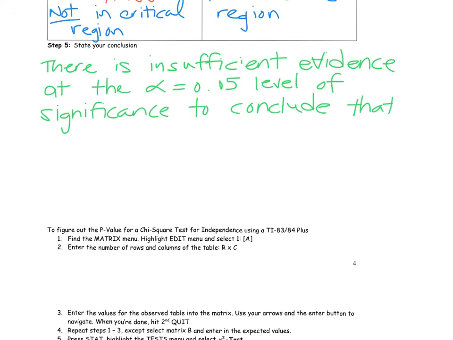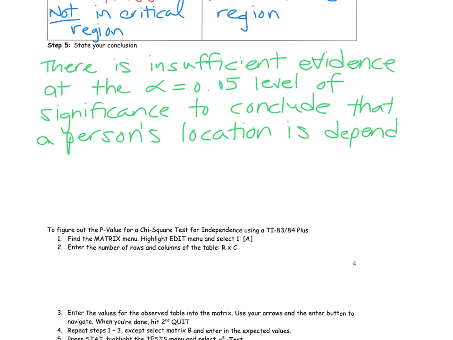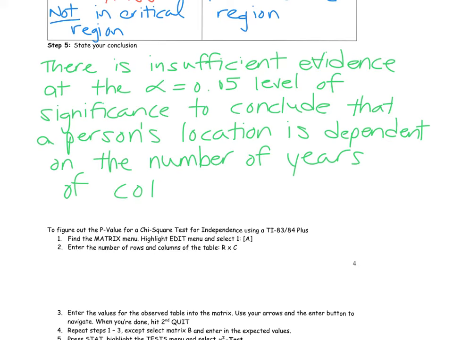So that a person's location is dependent on the number of years of college. And there you go. Okay, so that's the nitty-gritty.